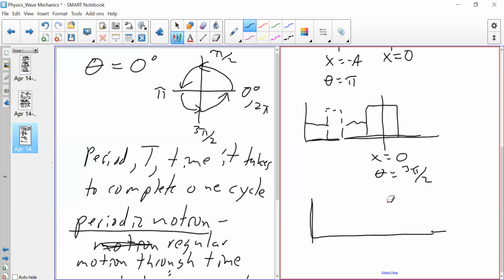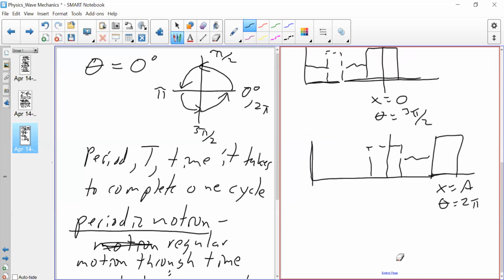We'll get into all that. Now it's at positive A, and theta is 2 pi. 2 pi radians, one full cycle. The period is T. This is one wavelength. I'm just going to throw this in there.